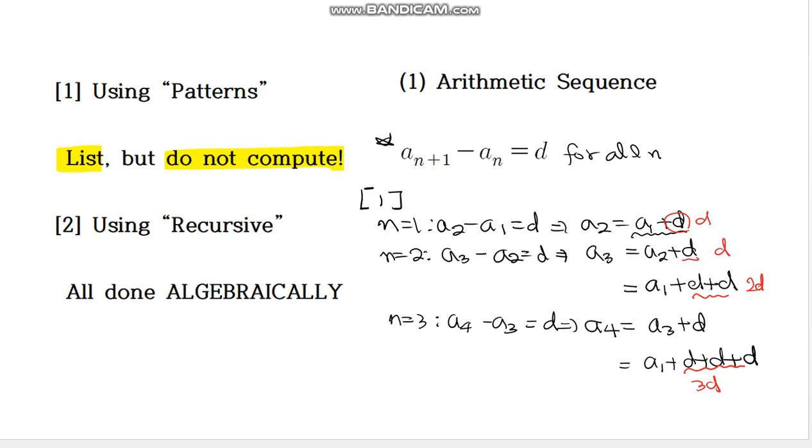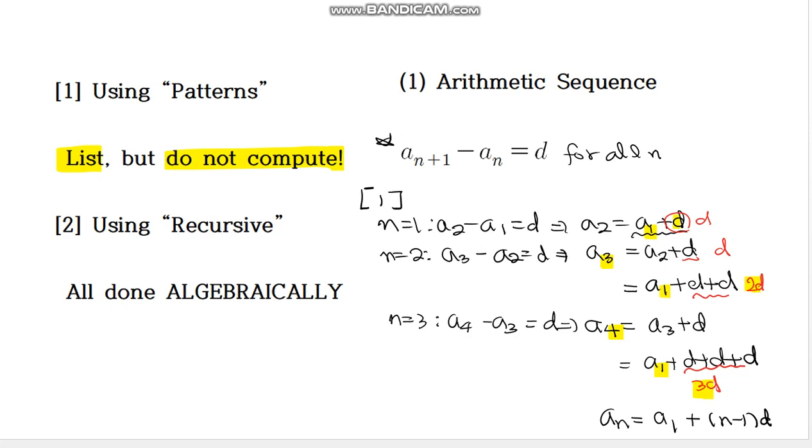What I'm saying is, when it's a2, it is a1 plus 1d, right? A3 is a1 plus 2d, right? And a4 is a1 plus 3d, right? Therefore, in the case of an, that's where we are going, an should be a1 plus (n minus 1)d, right?